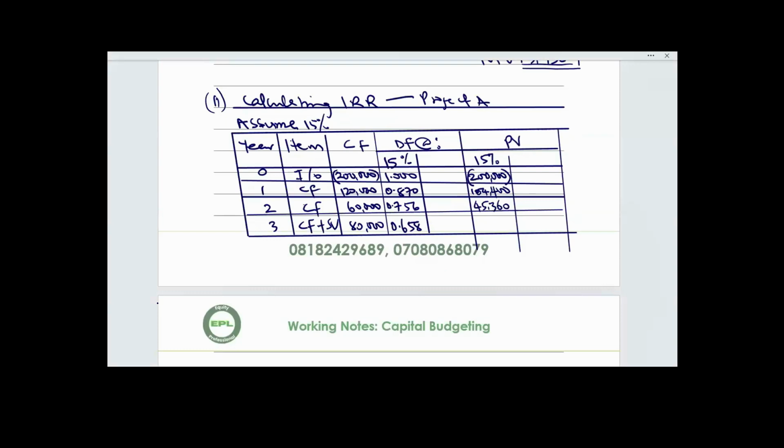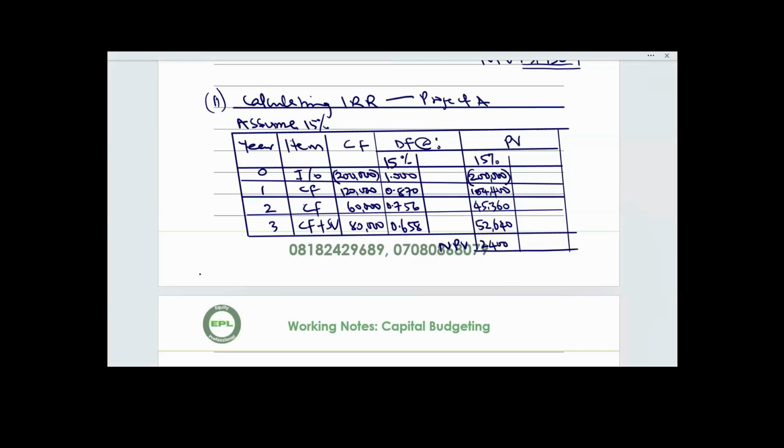Year 3, 52,640. Therefore, 52,640 plus 45,360 plus 104,400 minus 200,000. What's the final answer? 2,400 positive.